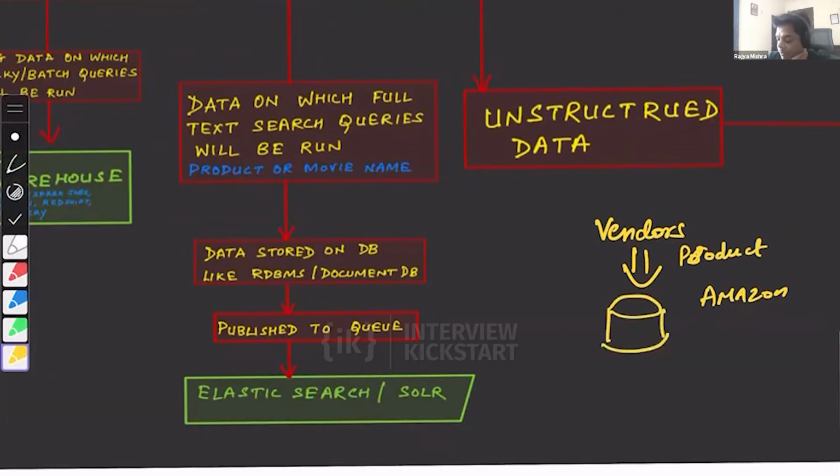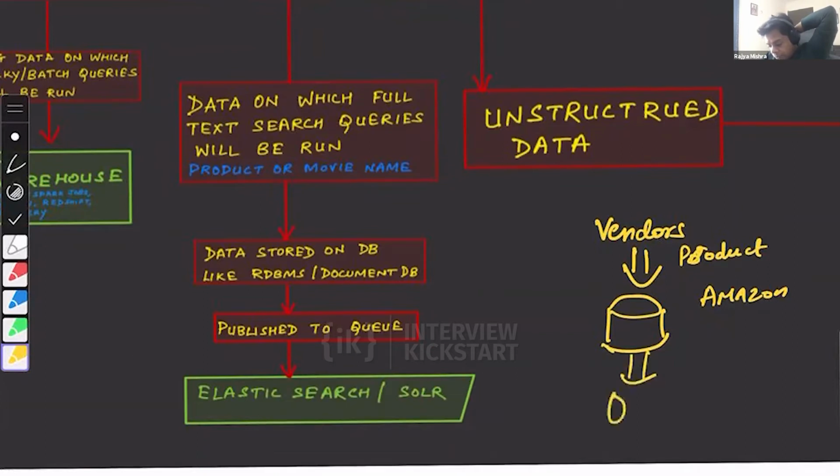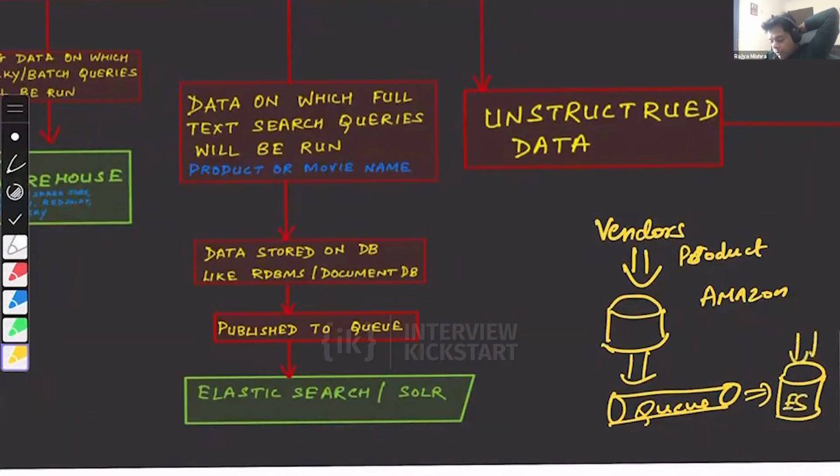And this primary database could be RDBMS or it could be some document oriented database also, or it could be NoSQL also for that matter. And then that information will be published to some queues, and then it will go to Elasticsearch or Solr, and all the search queries will come to this Elasticsearch database.